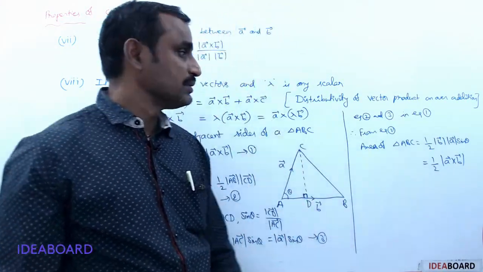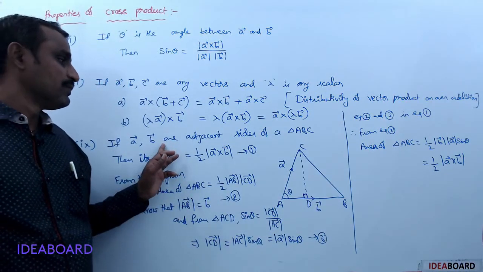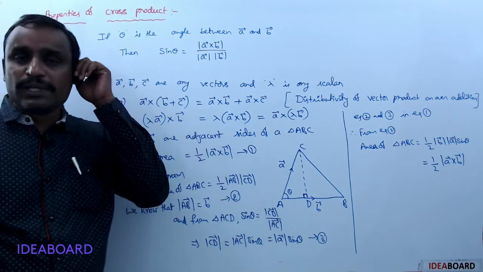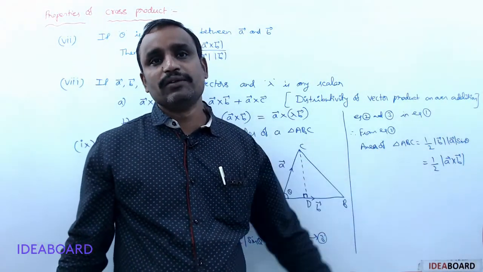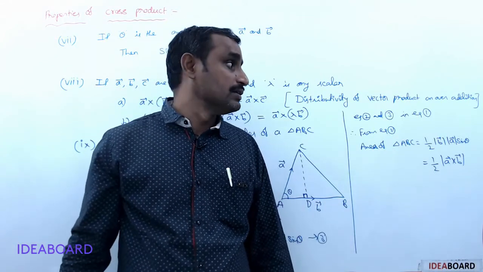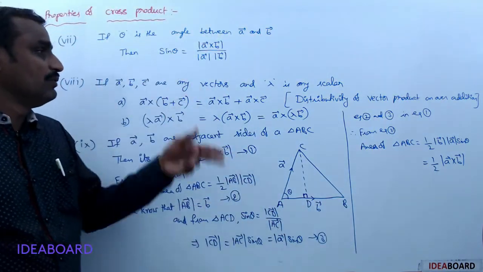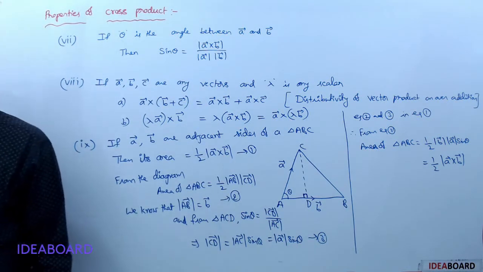Here this is the proof. So most important, if adjacent sides of a triangle ABC are given, you can directly apply this formula, then you will get the result. Most important formula for this. Okay, so note this down, the remaining properties we will see now.